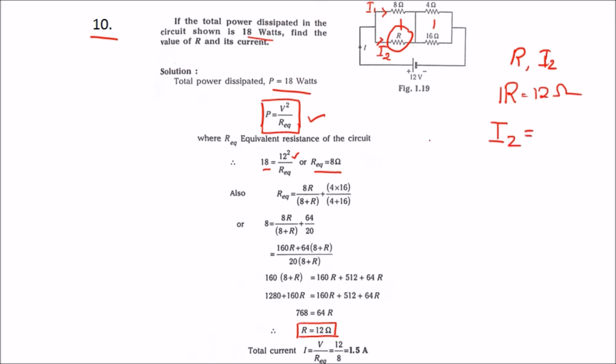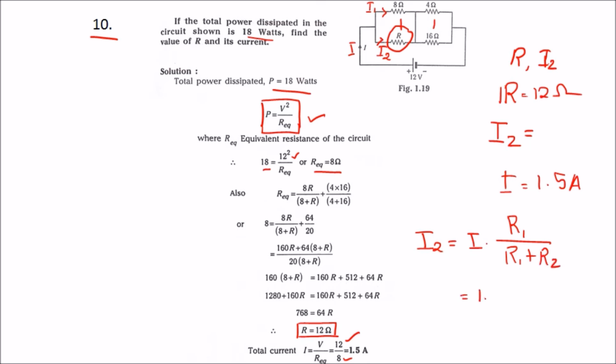Next we need to find I2. Before finding I2, we need to find the value of I. The total current is equal to V by R equivalent, that is 12 by 8, which is 1.5. So I is equal to 1.5 amps. Now we know the current formula when the resistances are in parallel. I2 is equal to I into R1 divided by R1 plus R2.